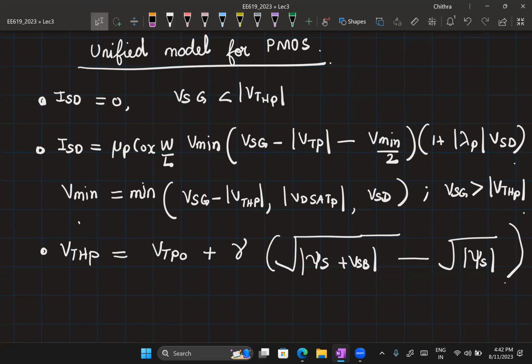So like I mentioned, in the other convention of writing these equations, you wouldn't write mod VTHP or mod VDsat P, etc. Now, which one? This one doesn't change in this. It is the VSB expression.